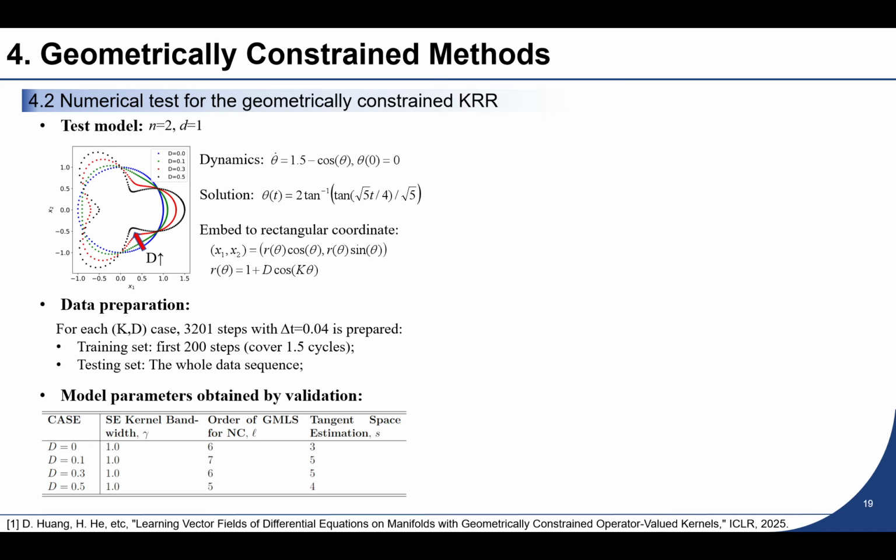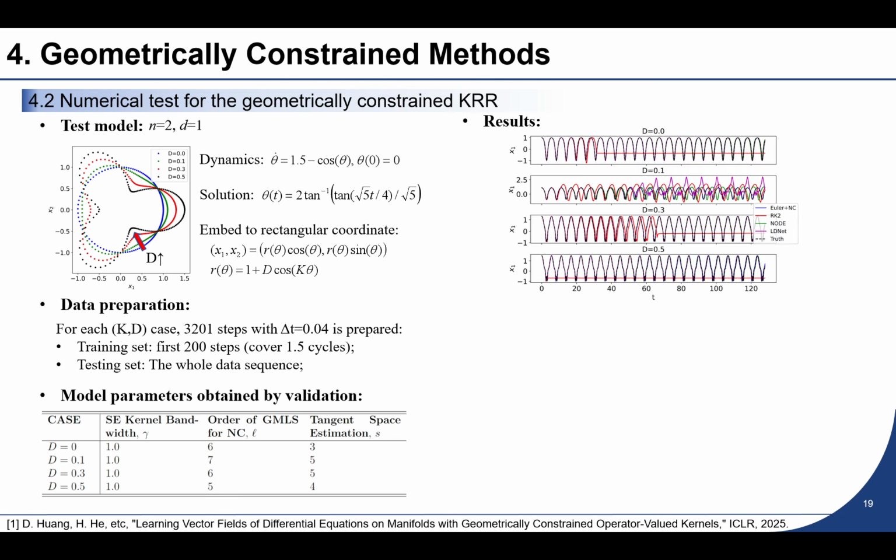The model parameters, including kernel bandwidth, GMLS order, and the tangent space dimension, are selected via validation for each d. On the right, we show the prediction results for different distortion levels. In contrast, the proposed geometrically constrained KRR with normal correction remains stable and accurately tracks the true dynamics across all cases.